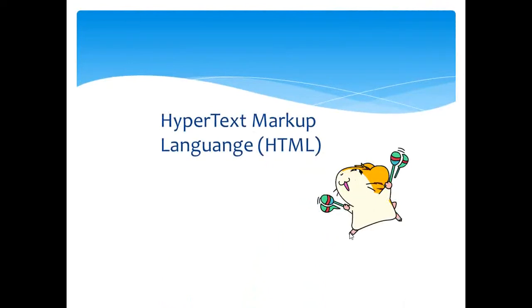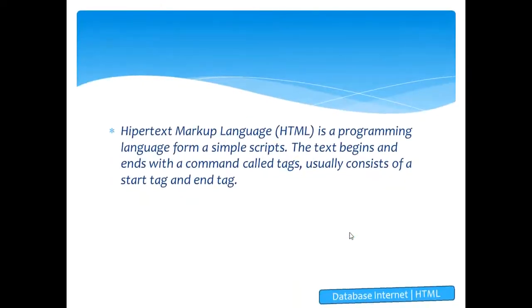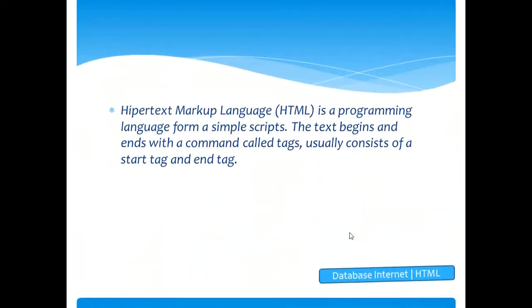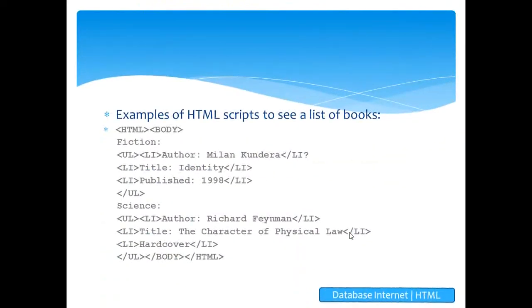Second subject, Hypertext Markup Language or HTML. HTML is a scripting language made of symbols. The text begins and ends with commands called tags, usually consisting of a start tag and an end tag. Here is an example of an HTML script to show a list of books. Here is the HTML tag, and we define a body.